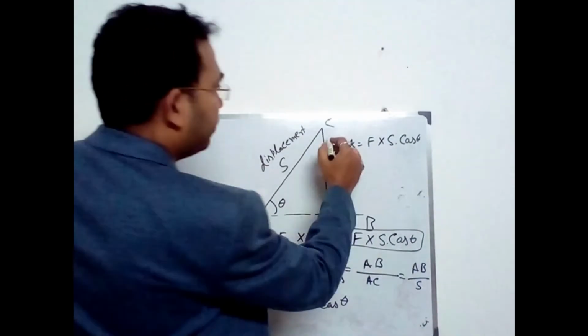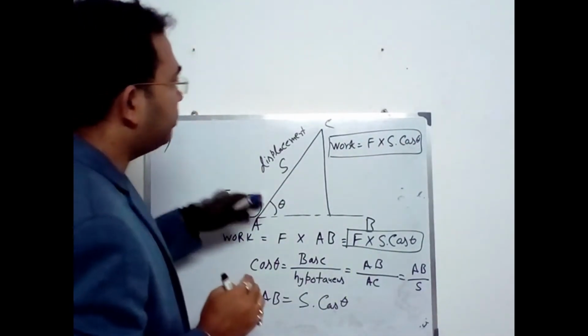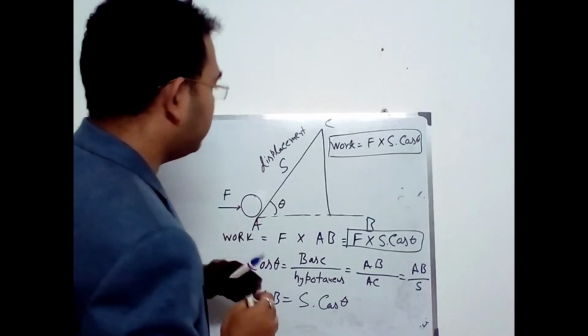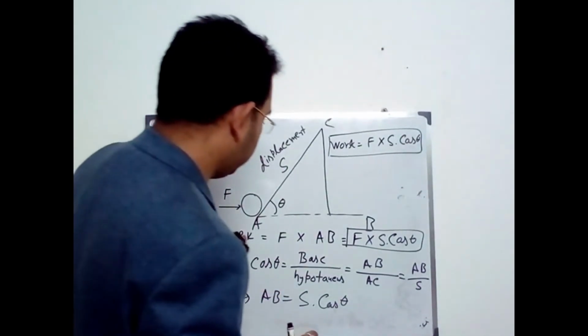Okay, এই সেম ফর্মুলা আমরা দেখব আরেকটা কেসে। ফার্স্টে আমরা দেখলাম কম্পোনেন্ট অফ ডিসপ্লেসমেন্ট, এবার সেকেন্ডে যাব কম্পোনেন্ট অফ ফোর্স along the direction of displacement.